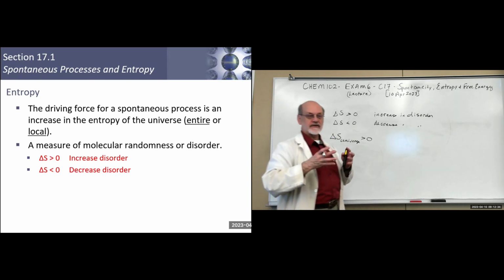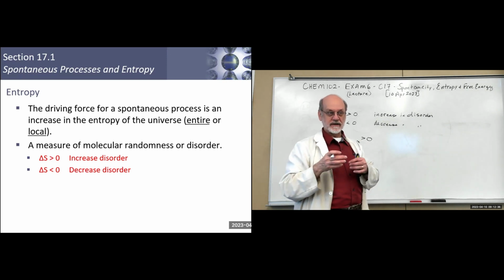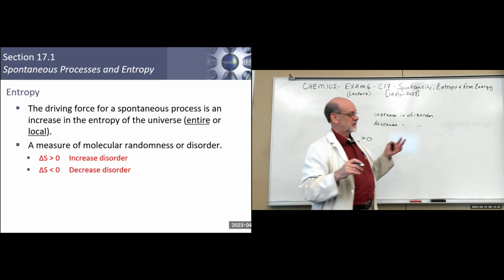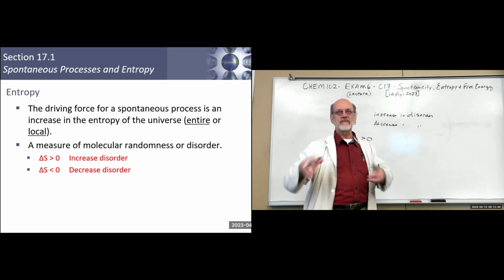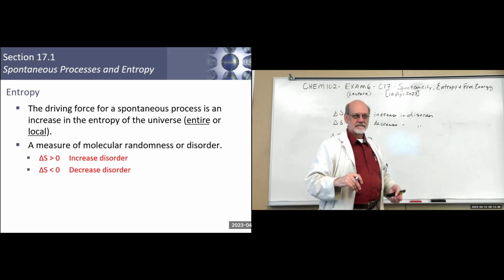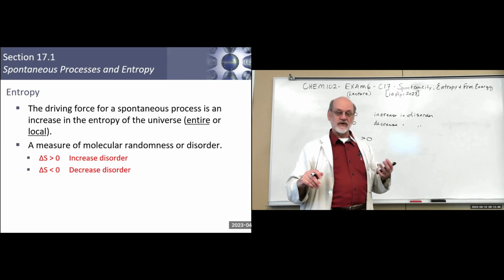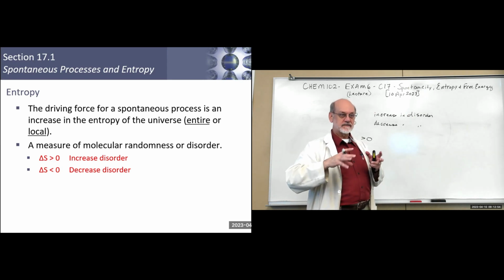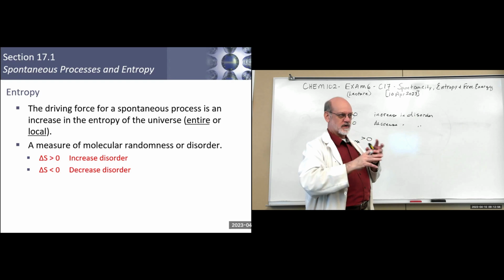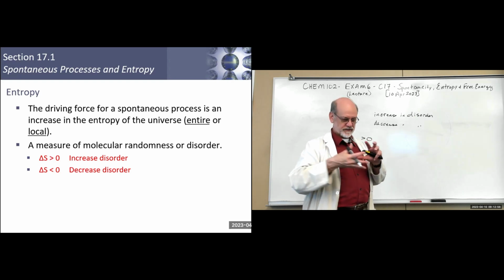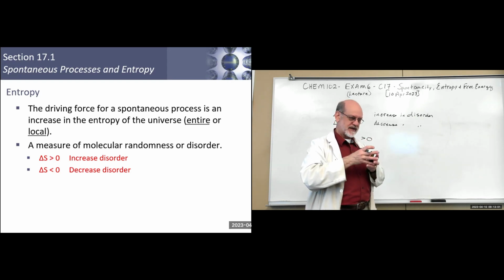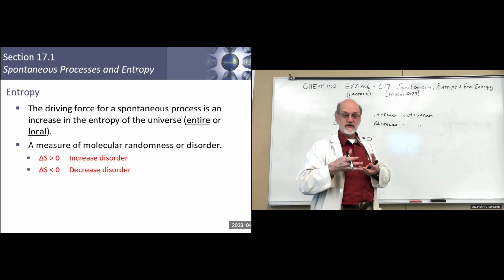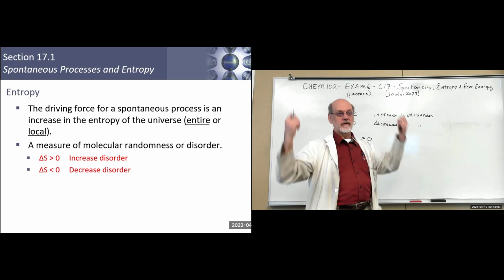Now, there are local pockets of increasing order, right? That happens. If it didn't happen, then we wouldn't have a sun. It'd just be a big ball of nebulous gas. But as it turns out, gravity takes over, pulls all the molecules together. And in the center of the nebula, when it starts to spin, things start to organize under gravity, then you get this ball of hydrogen and helium in the center that eventually, once the pressure builds and the temperature builds, you start getting nuclear reactions and it throws off energy.